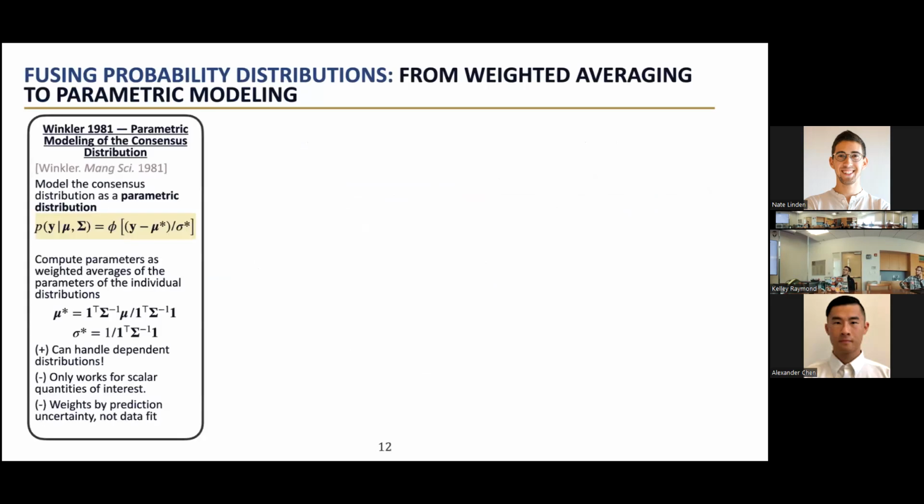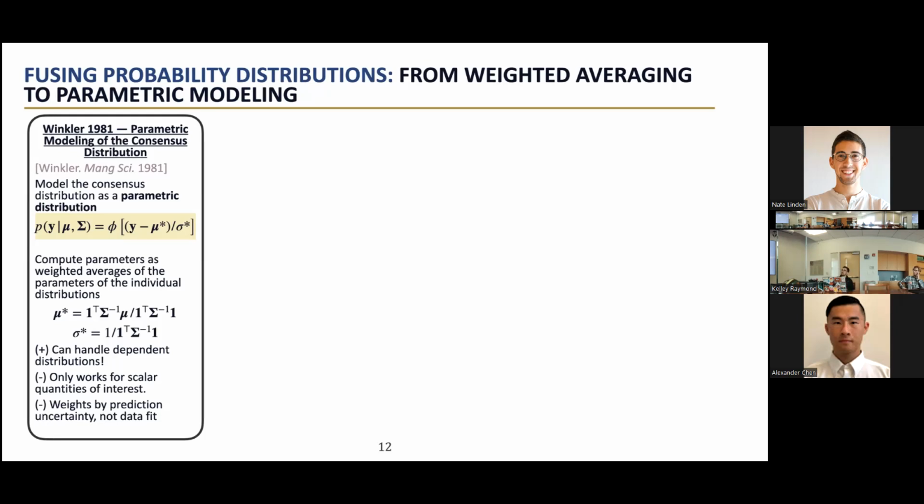So the simplest approach we can think of is we'll model the whole thing parametrically. So our consensus distribution will now be a parametric distribution. A parametric distribution is something like a Gaussian distribution, which has parameters mean and variance that control the shape of how that Gaussian looks. We can do that in such a way where we compute the mean and variance of our consensus distribution from the means and variances of all the distributions we have from our models.